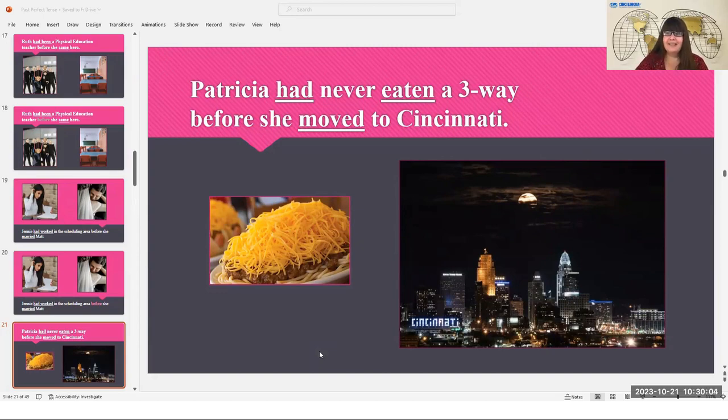And this is a Cincinnati restaurant that everybody loves or hates. So a three-way is spaghetti, chili, and cheese. Okay, so that's a three-way. And in other states, other cities, you cannot find this restaurant.